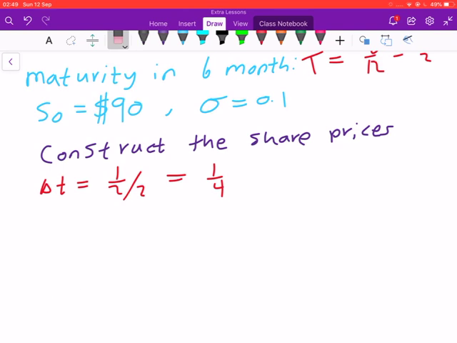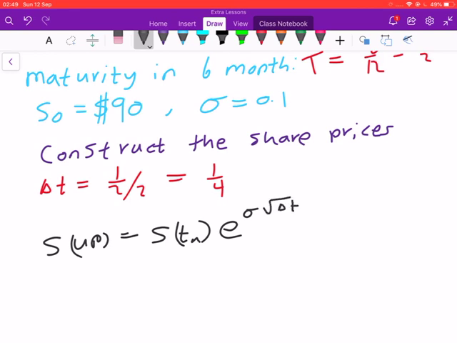To find the upstate of the market, you will have S_T multiplied by e to the sigma square root of change of time, and this is for if it goes up. For if it goes down, you have e to the negative sigma, change of T, the square root.